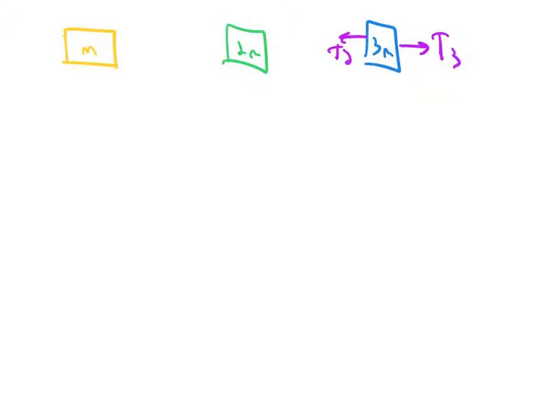It pulls the 3m backward, but it pulls the 2m forward. In the same kind of reasoning, this tension T1 between 1 and 2 pulls the 2 backward, but pulls the 1 forward. And as pointed out before, they all have the same acceleration a.